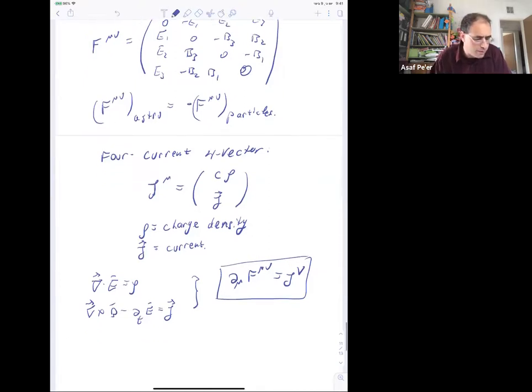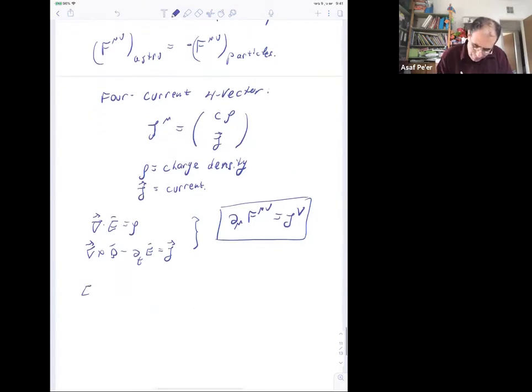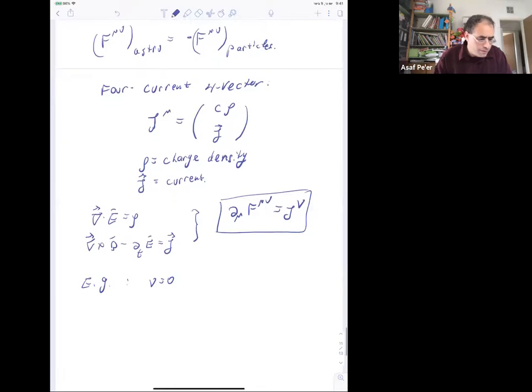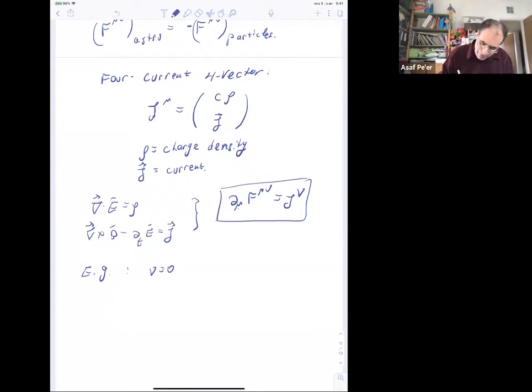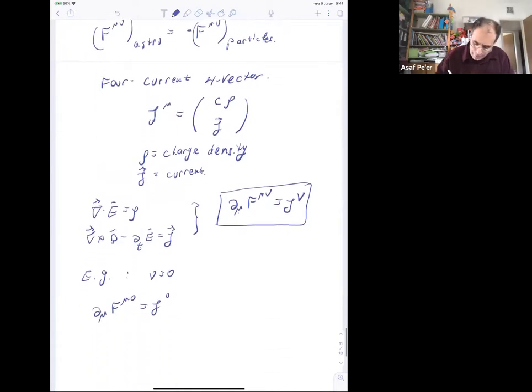So, for example, if you take in this equation ν equal to 0, then we have ∂μ F^μ0 equal J^0. Now J^0 is ρ.